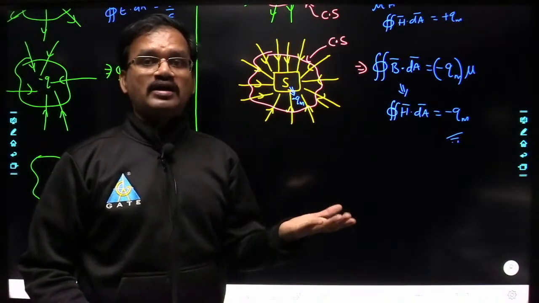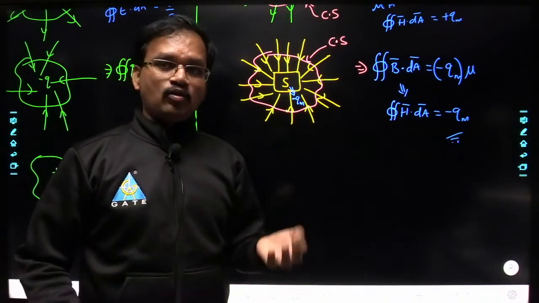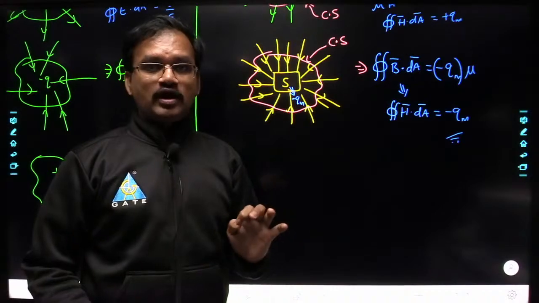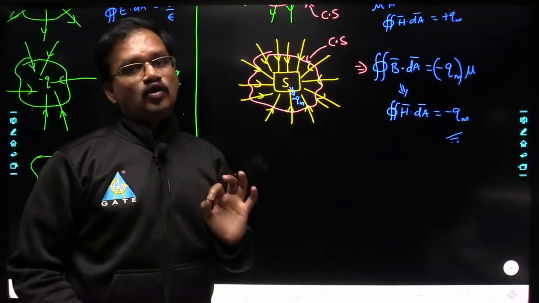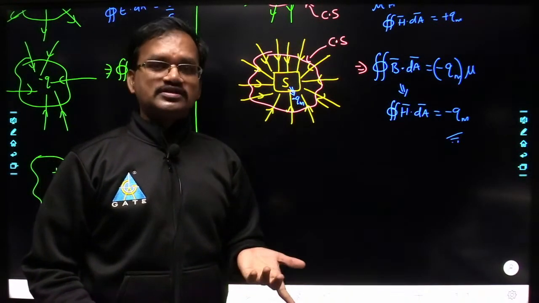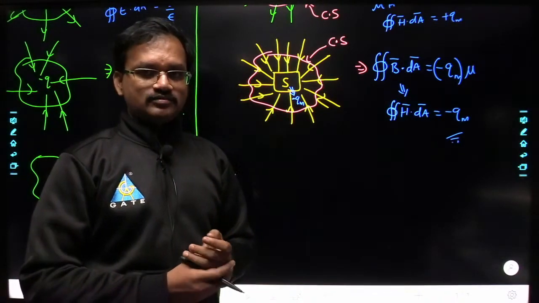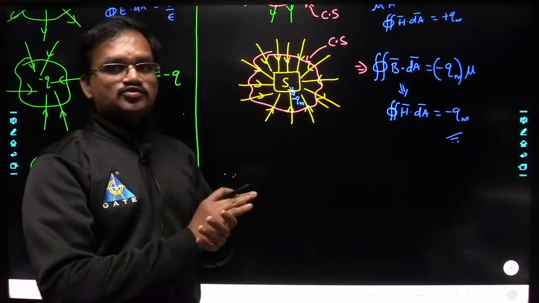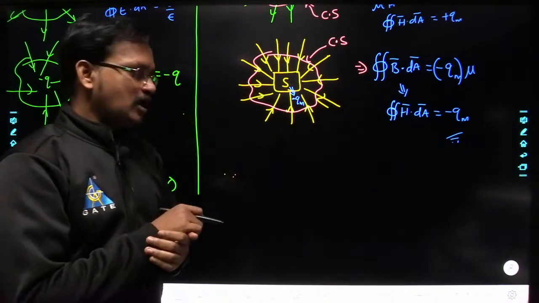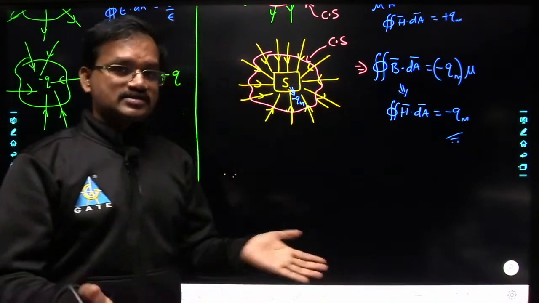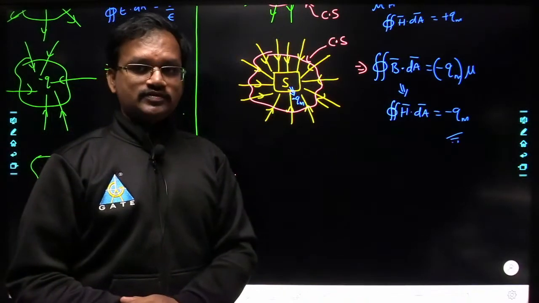Up till now we have not discovered any magnetic monopoles. If you are able to discover any magnetic monopole, then you will be awarded the Nobel Prize. Why? Because the total subject is going to change, right? So up till now we have not discovered magnetic monopoles.